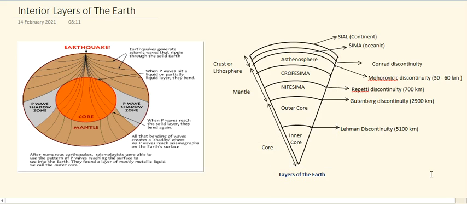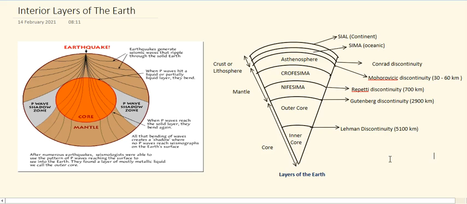Let us discuss the discontinuities found among these layers. Between Sial and Sima, the Conrad discontinuity is found. Between crust and mantle, the Mohorovicic discontinuity is found.